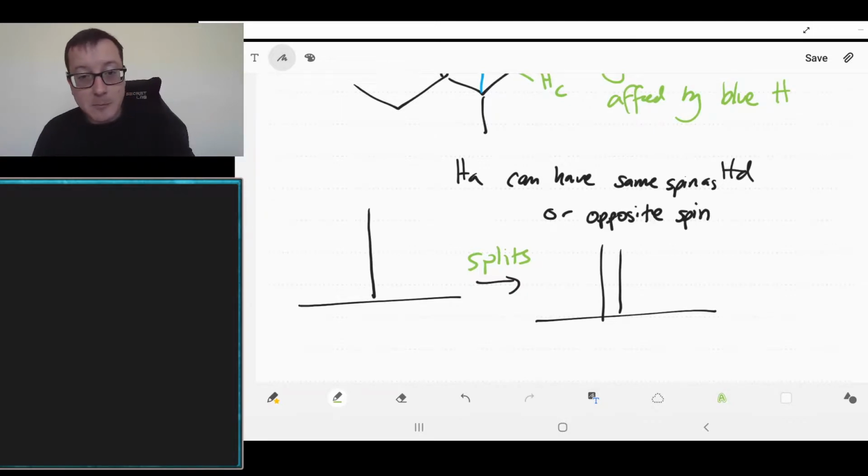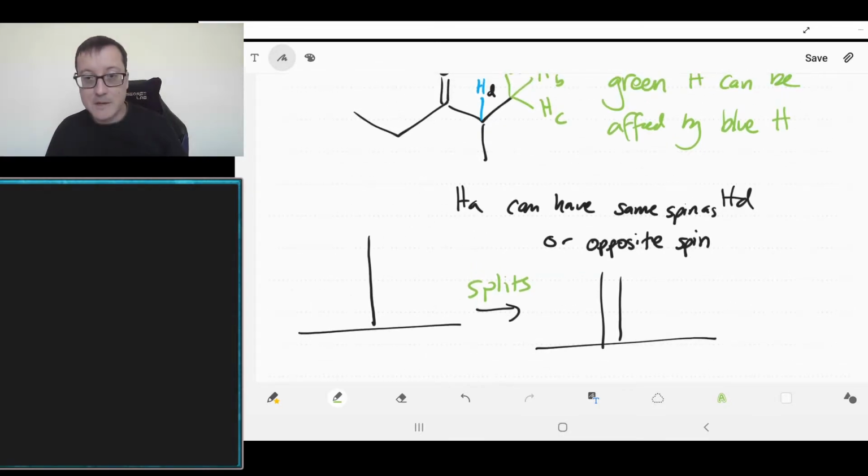It splits your peak because one peak tells you one energy, right? But we're going to see that we're going to have different amounts of energy absorption depending on how those two interact. If they have the same spin, they can help each other out. If they have opposite spin, they can hurt each other, right?